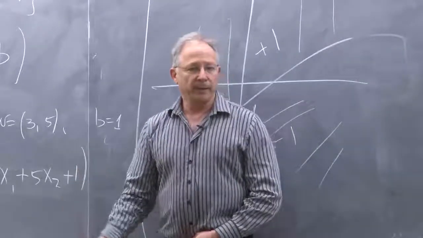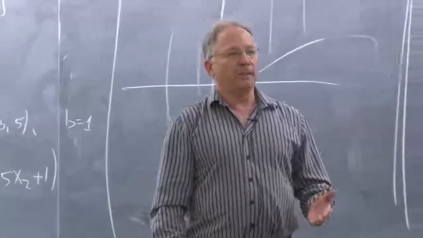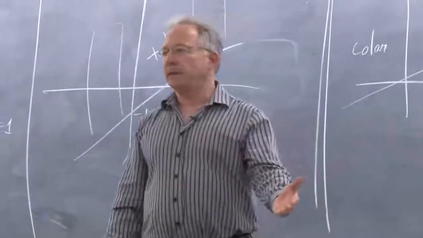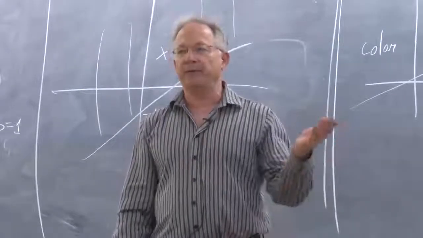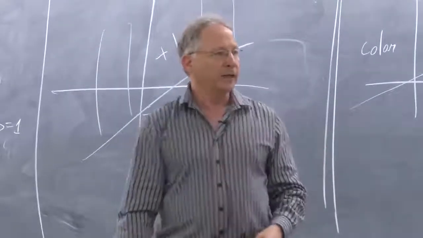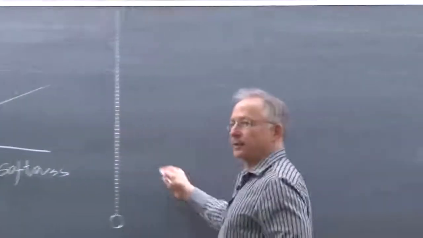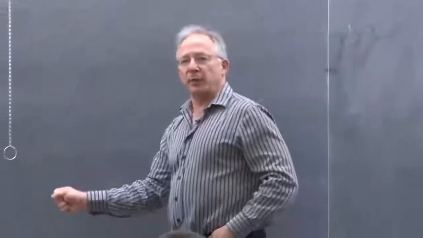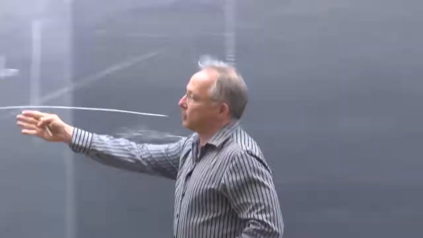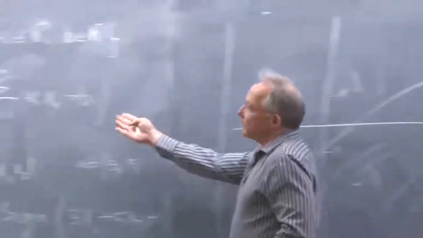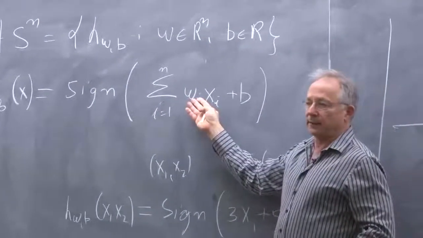So if I want to find a linear classifier like this for predicting whether by the age of 50 you will have a heart attack or not, and my coordinates are your weight, how much exercise you do, your blood pressure, whether your parents had a heart attack or whatever, and I give you such a linear classifier, the weights can be read as saying, you know, the highest weight is whether you exercise or not.